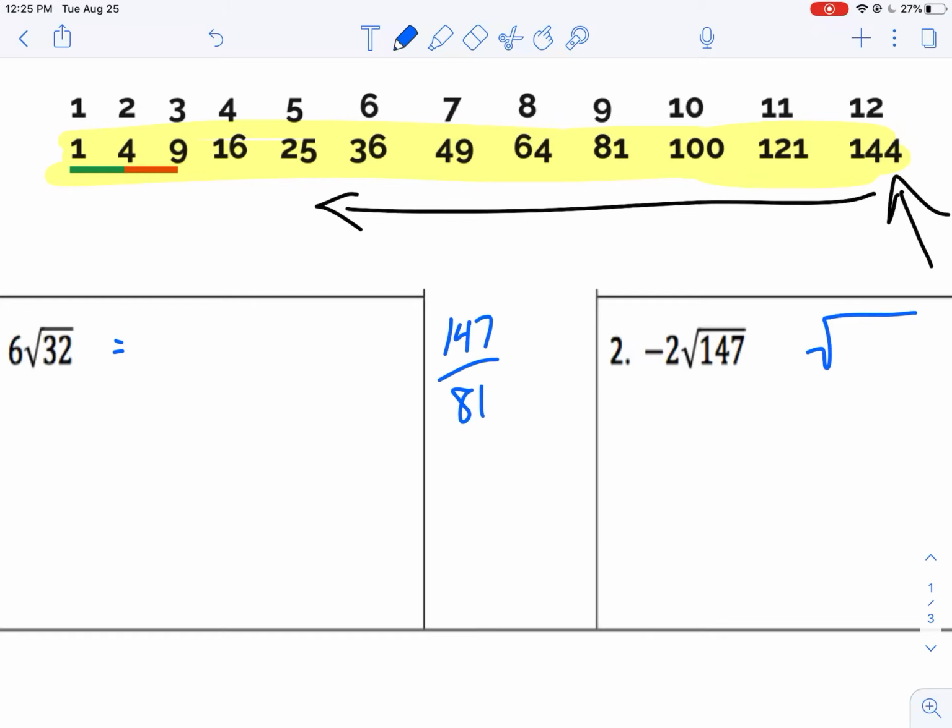If I divide it by 81, that's not going to work. Trying to divide it by 64. That doesn't work. That's about 2.3, so not a whole number. Let's see, 49. Okay. So 147 divided by 49 gets me 3.